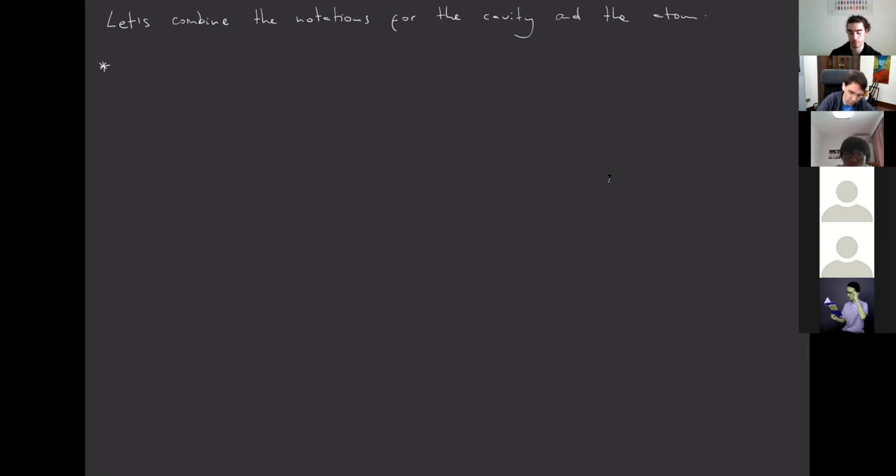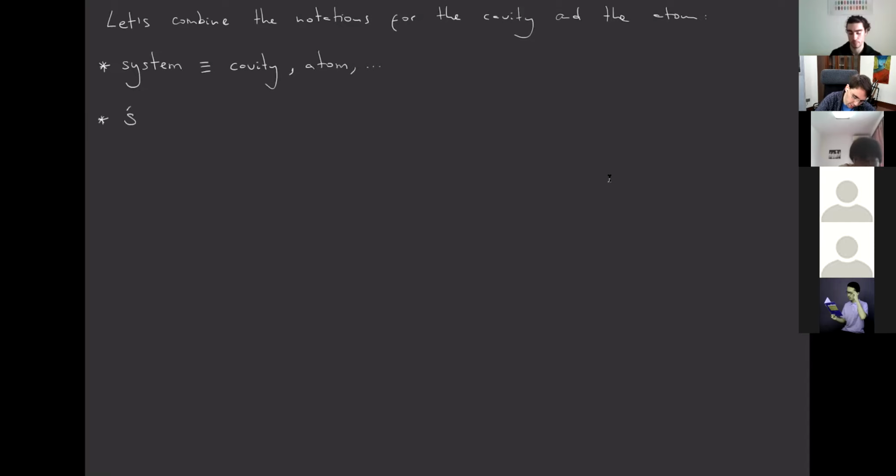And most things we have already talked about, so we will call system to either the cavity or the atom, or any other open system that we are working with.